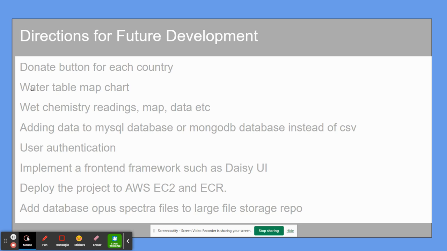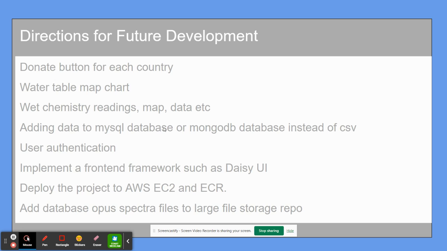We can implement a water table map chart to see water depth, how much water there is and where it is, so we can transport that water to the farm easily, and do strategic farm placement and wet chemistry readings. We can see soil readings of wet chemistry, map data, etc.